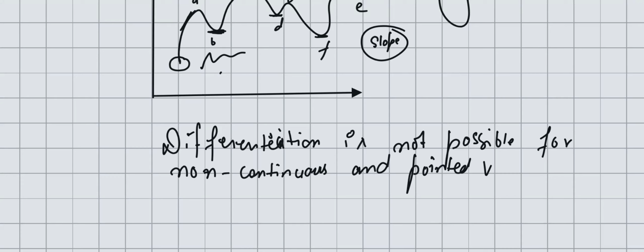It is only possible for curves, the continuous ones, because here you can say it has broken down, so you can't find out the curve points.